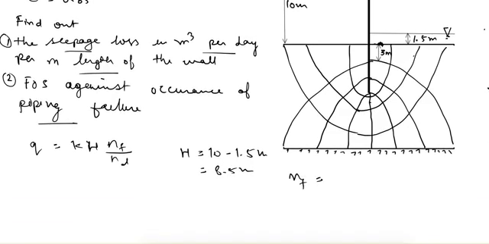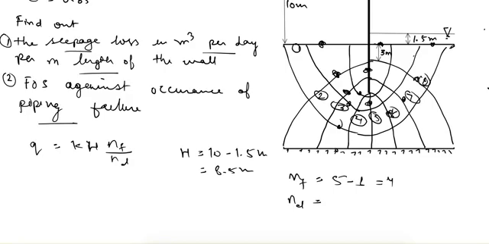Nf we can again find out. Flow lines are 1, 2, 3, 4, and this sheet pile also, so 5 flow lines. So flow channels will be 5 minus 1, that is 4. Equipotential drops: 1, 2, 3, 4, 5, 6, 7, 8, 9.